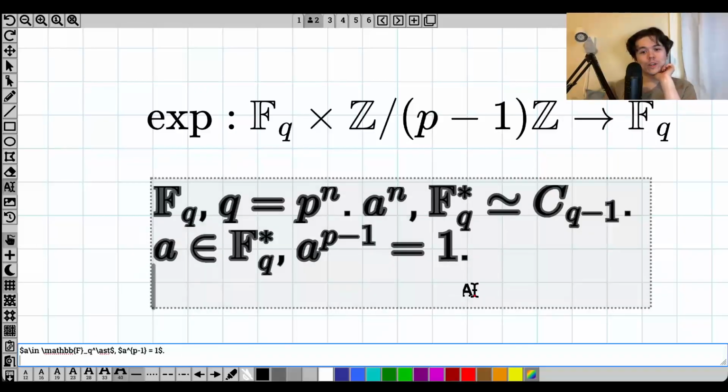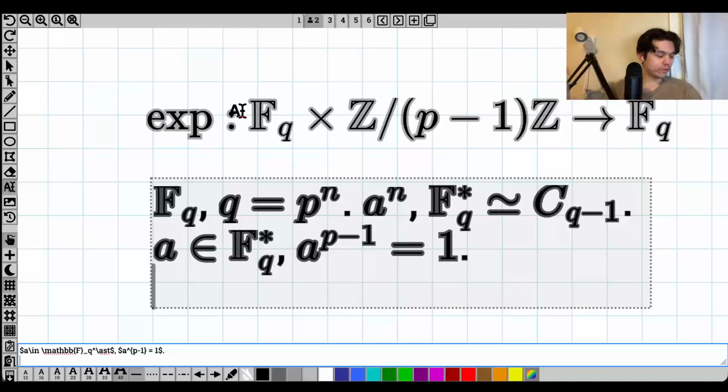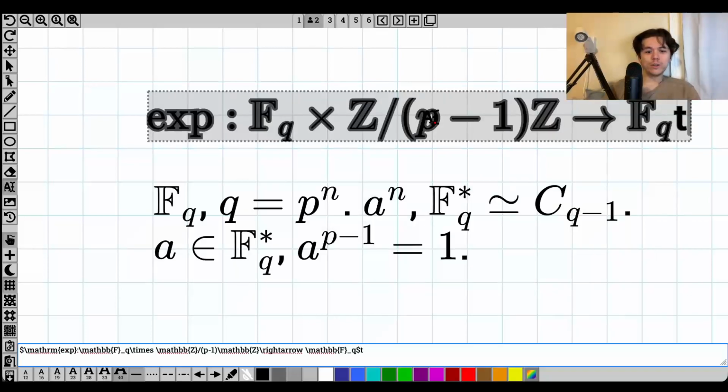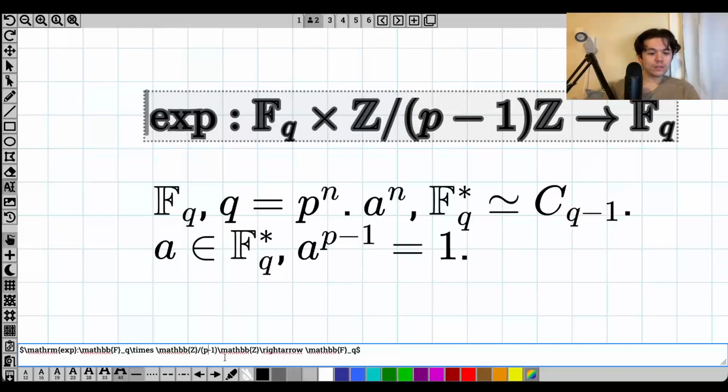But that means we can reduce this further, because we start out with exponentiation where we're taking powers of integers, and then we specialize down to integers modulo q minus 1. I wrote p minus 1 here; I really should write q minus 1. Let me fix that.